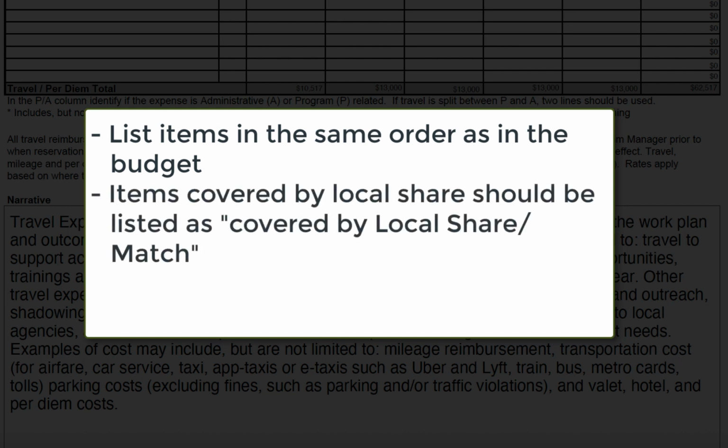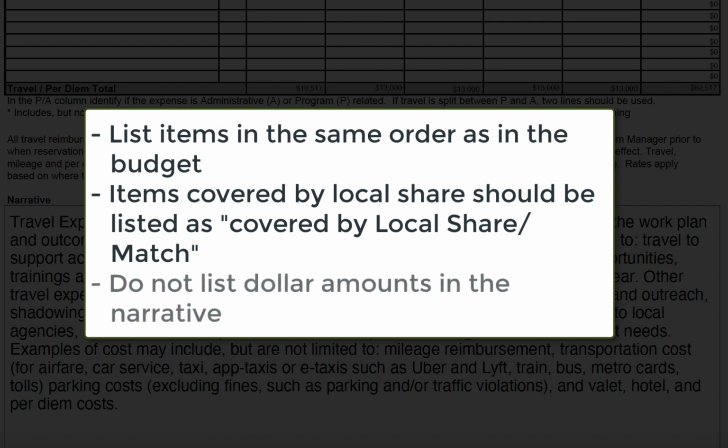Items covered by local share should also be listed in the narrative as covered by local share match. You can see examples of local share items within the other budget videos. Within the budget narrative, do not list any dollar amounts unless requested by OCFS, as all dollar amounts belong in the line items.